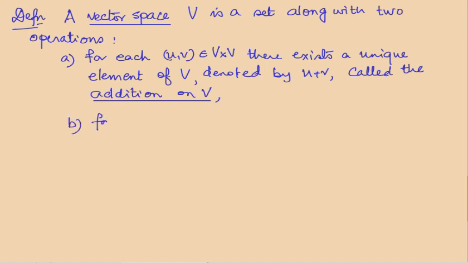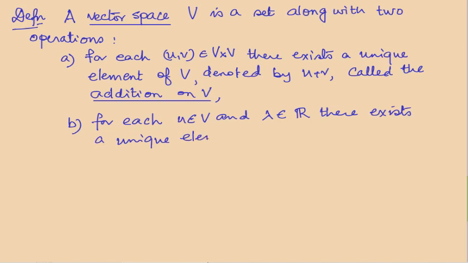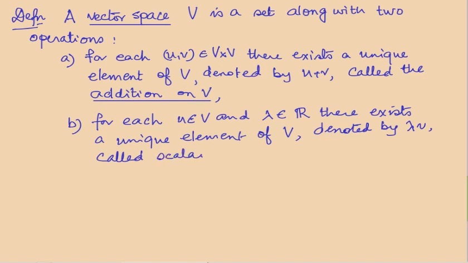And for each u in V and lambda in R, there exists a unique element of V denoted by lambda u, called the scalar multiple.